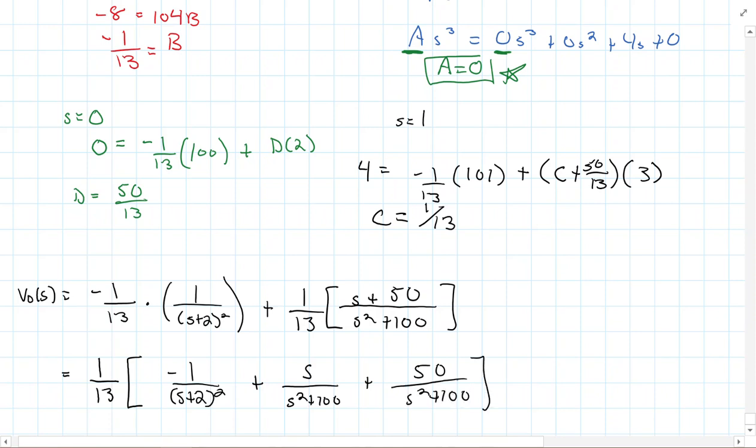Now, why am I breaking it apart like that? Well, let's think about this. Cosine of omega t goes to s over s squared plus omega squared, where sine of omega t goes to omega over s squared plus omega squared.